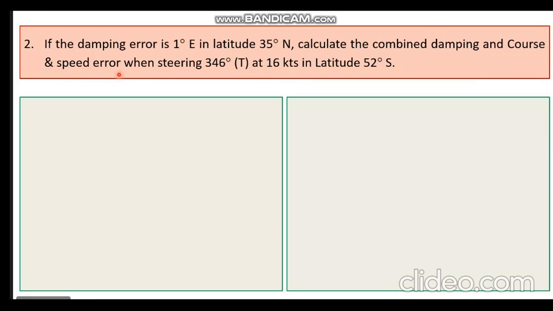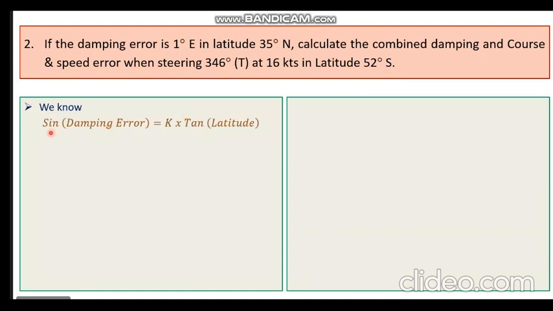So we need to get the damping error as well as the course and speed error or steaming error or CLSE when the vessel is steering 346 true. So the course is given to us, at 16 knots the speed is also given to us, and latitude 52 degrees south, the latitude is also given to us. So it will be a simple application of the steaming error formula. Let's now see the solution.